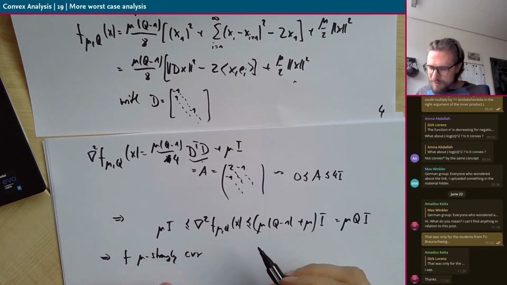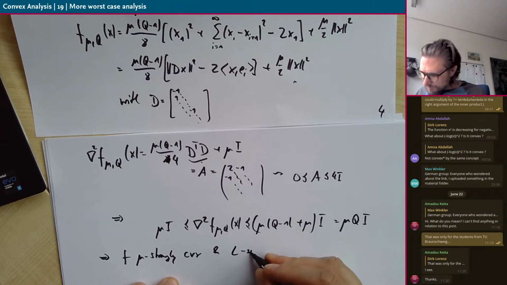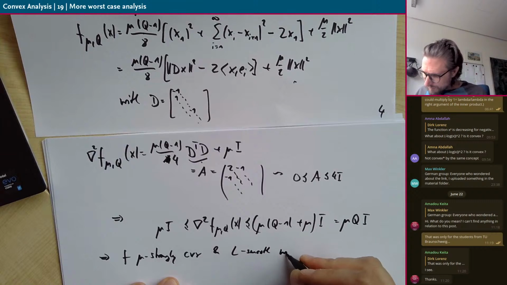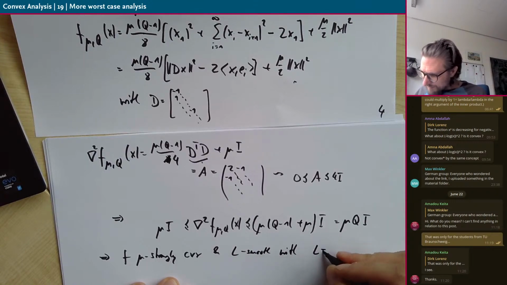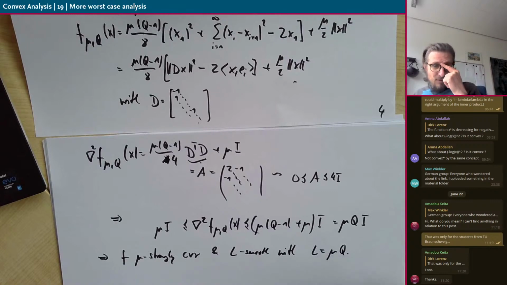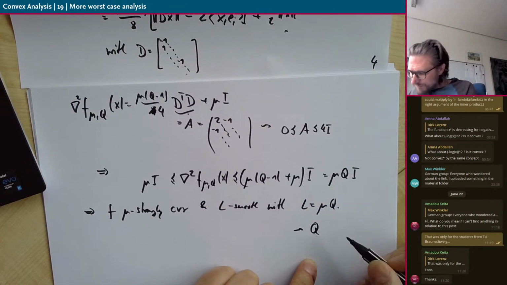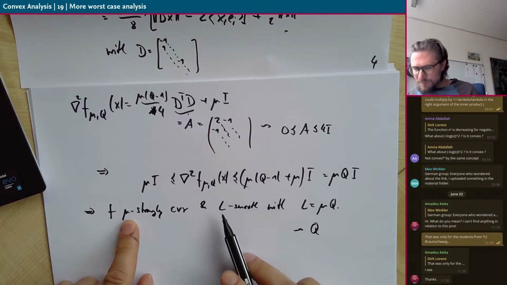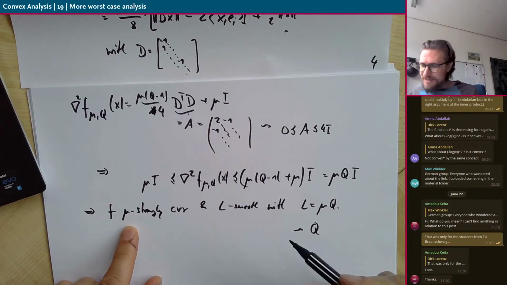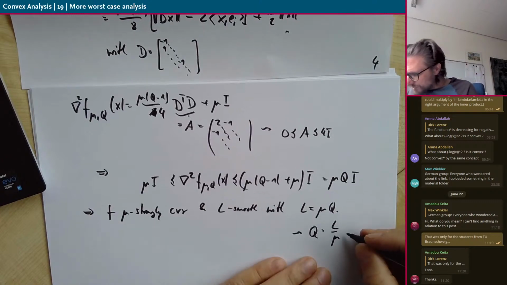by this lower inequality, and this upper inequality gives us L smoothness, with L equal to mu times q. And so this number q in this context has a name. If you have a mu strongly convex and L smooth function, the number L over mu is called the condition number.